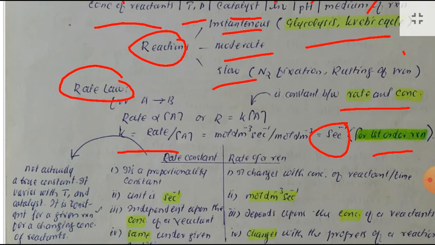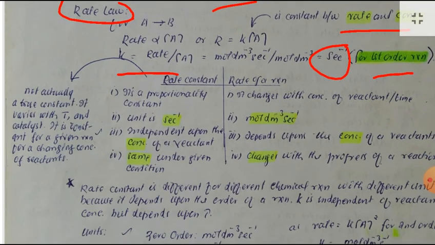Here we have shown a brief difference between the rate of a chemical reaction and the rate constant. It is important to note that the rate constant is a proportionality constant, whereas the rate of a chemical reaction changes with time and reactant concentration. The unit for the rate constant is second inverse, and the unit for rate of reaction is mole dm^-3 second inverse.